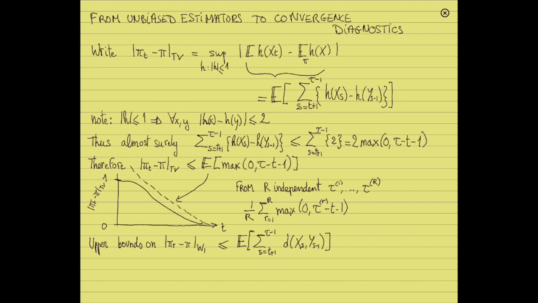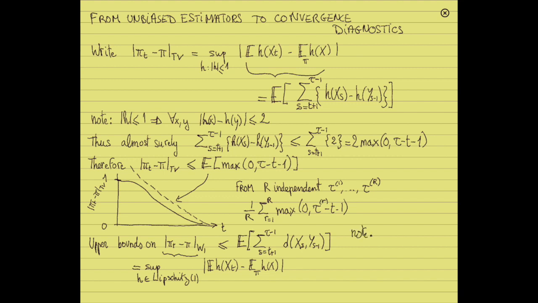We can obtain this upper bound using the representation of the Wasserstein 1 distance as a supremum over the 1-Lipschitz functions. So that is the functions h that are Lipschitz with Lipschitz coefficient less than 1. And we can then upper bound the difference between function evaluations by the distance between x and y.